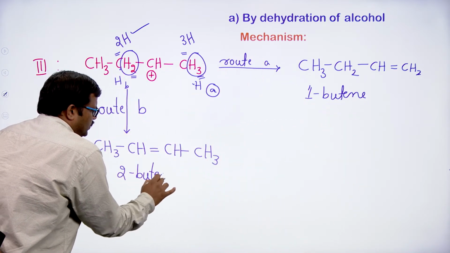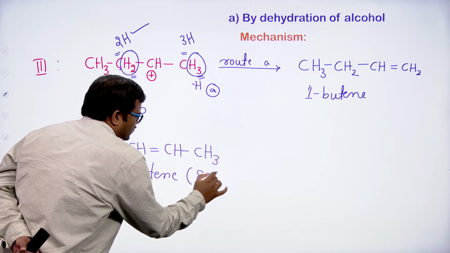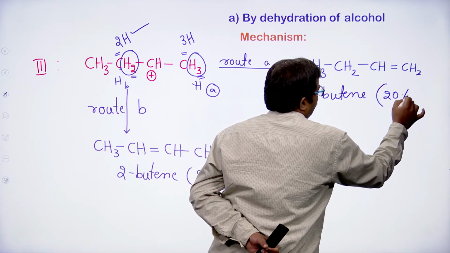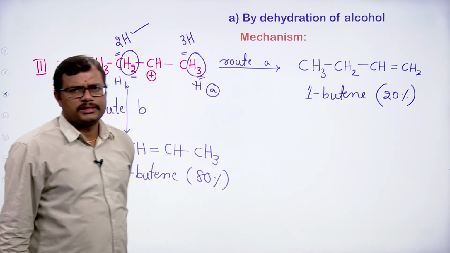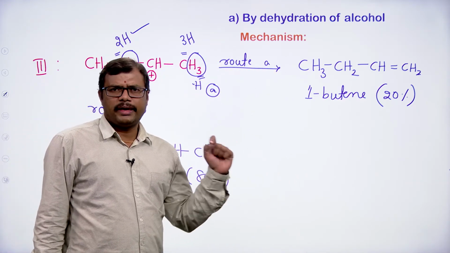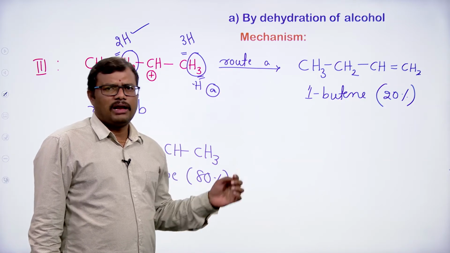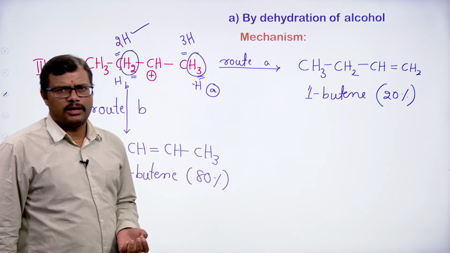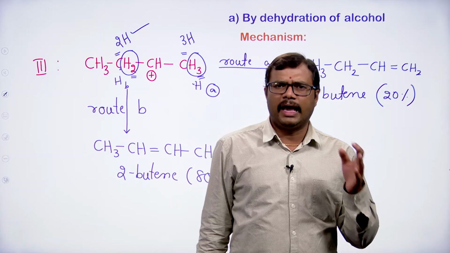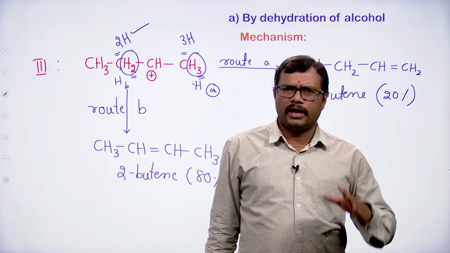So here 2-butene is formed as the major product, around 80%, and only around 20% we are going to get 1-butene as a product. So here the product formation is given by Saytzeff's rule. Always in the dehydration of alcohols, the proton is removed from the carbon atom having the least number of hydrogens.